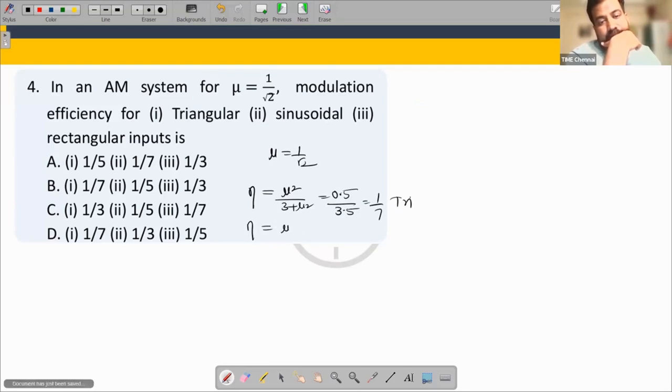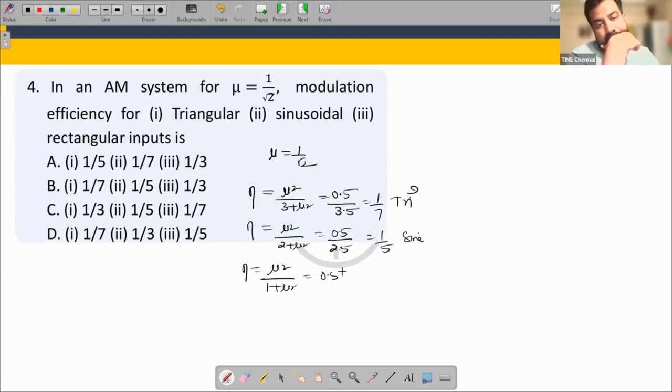Eta for sinusoidal input is mu square by 2 plus mu square, 0.5 by 2.5, that's 1 by 5. For rectangular input, eta is mu square by 1 plus mu square, 0.5 by 1.5, that's 1 by 3. So 1 by 7, 1 by 5, 1 by 3. Option B is the answer.